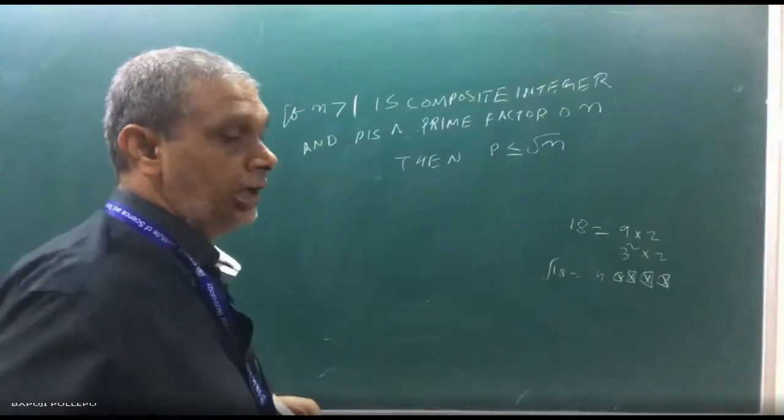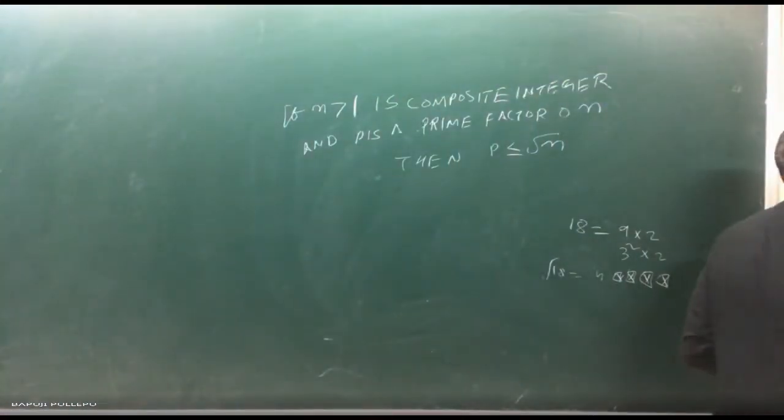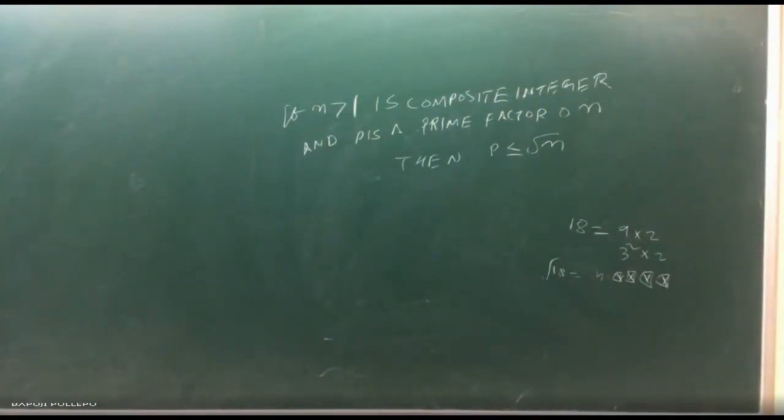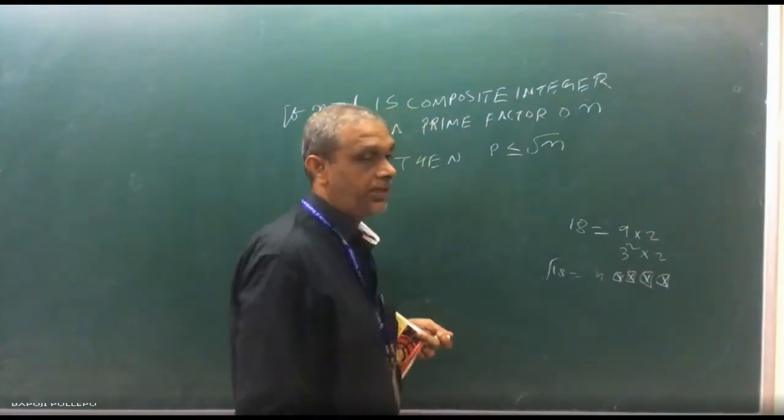Now we see. So obviously it's true. Now actually what I want to do is prove it mathematically. Generally, if you take a composite number, you can write it as a product with a prime factor p, and p should be less than or equal to root n.